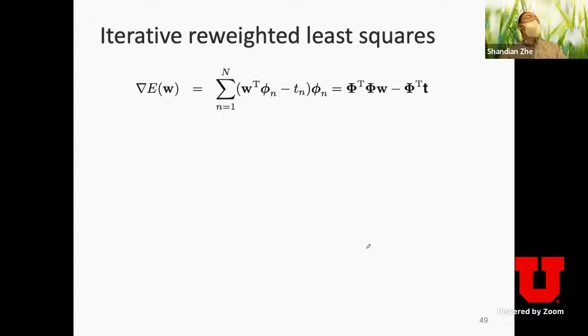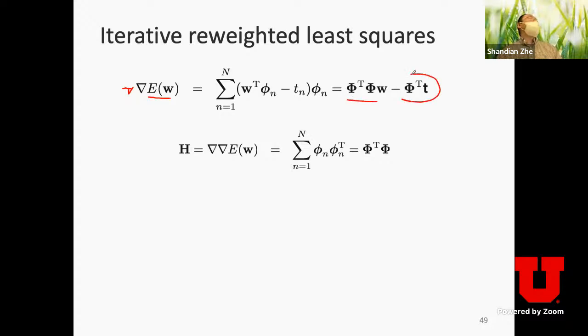Now to calculate the Hessian matrix, we want to apply the Newton-Raphson scheme, so we need to calculate the Hessian matrix of the objective. That means you have to calculate the gradient of the gradient again, because the gradient is just a function of W, and the second term is constant in W. If you take the gradient with respect to W again, your Hessian will be just phi transpose phi.